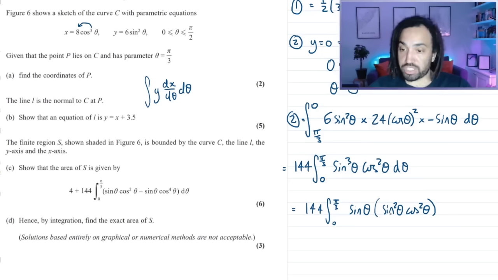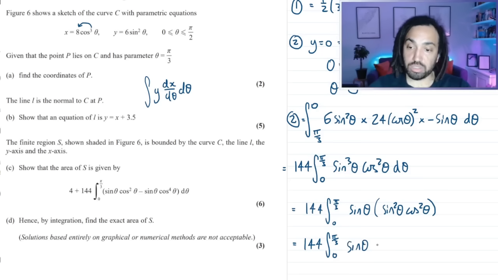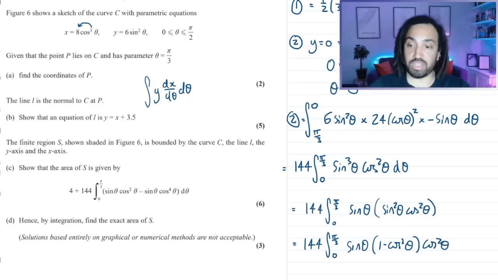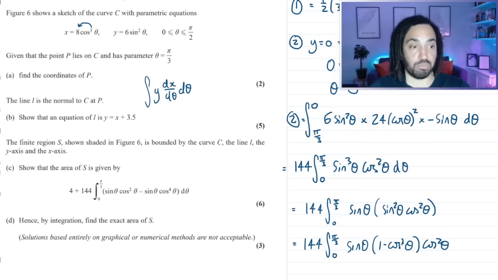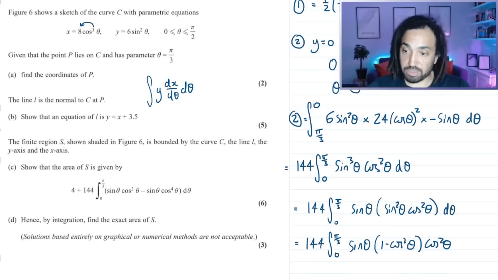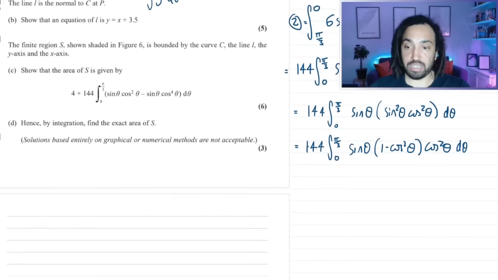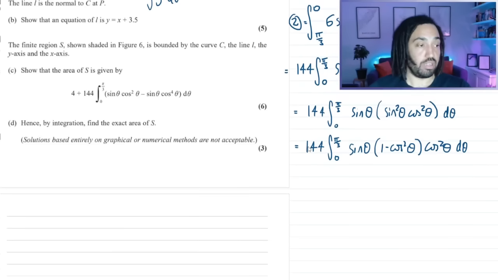So let's convert this sine squared into a cos squared by doing sine squared is equal to 1 minus cos squared. So we get 1 minus cos squared, and then that is times by cos squared. Okay, so swapping that sine squared there for a 1 minus cos squared. Okay, and then just don't forget d theta there, and then let's come down here and grab some more space.